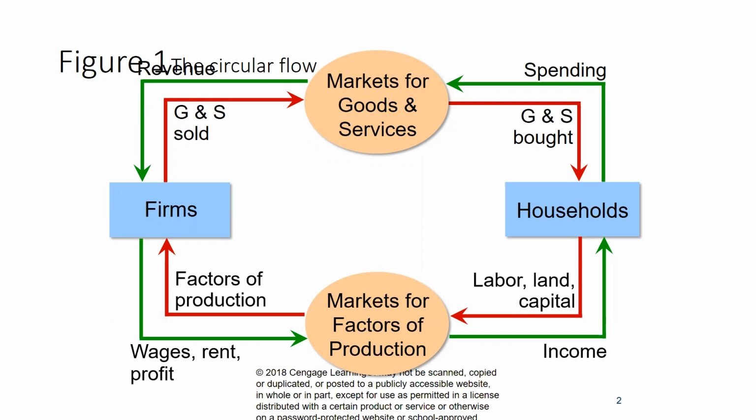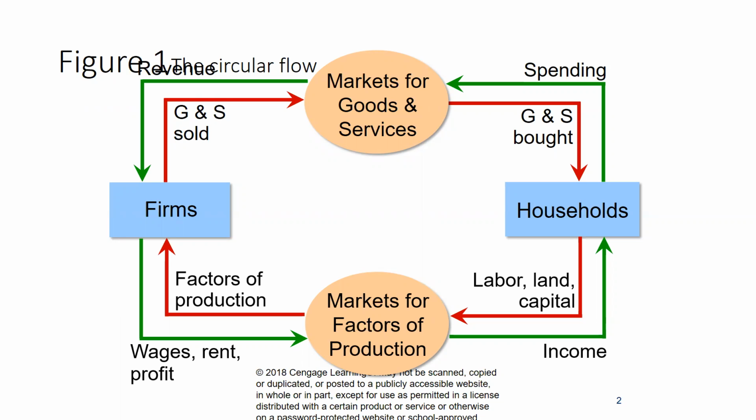Now the market for factors of production, that's land, labor, capital. Entrepreneurship is the fourth one: land, labor, capital, entrepreneurship. Now households supply, like we supply the labor. We supply all these factors of production, and firms demand.